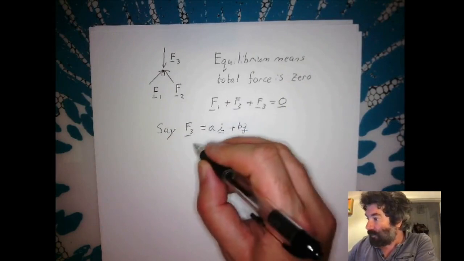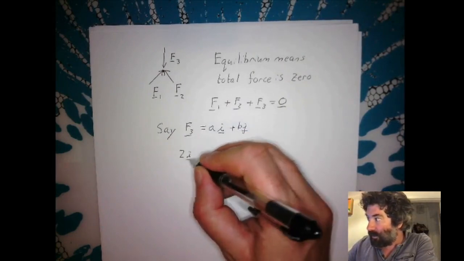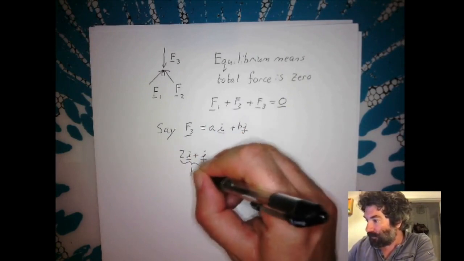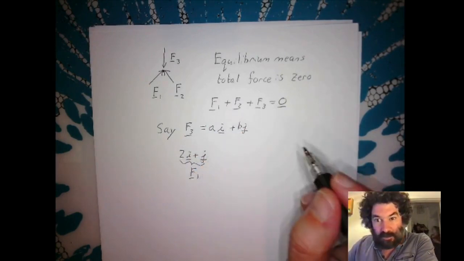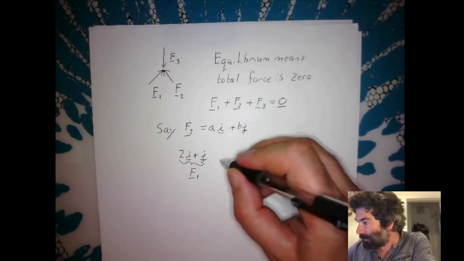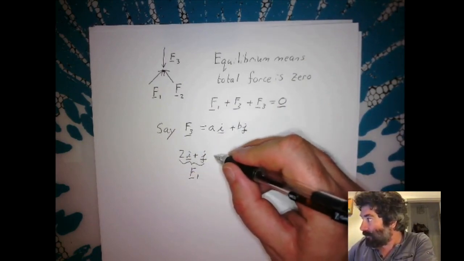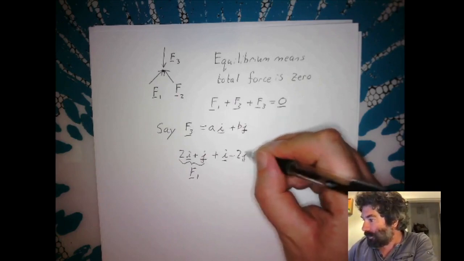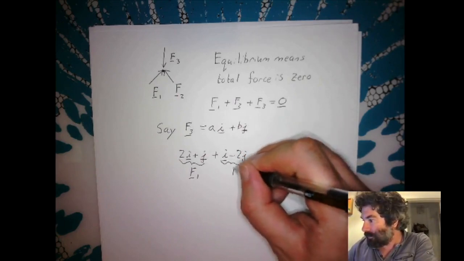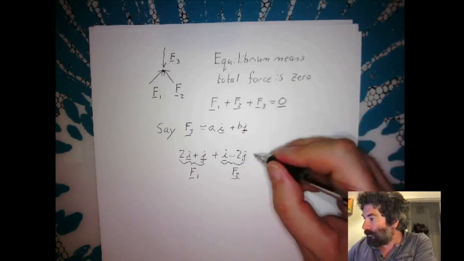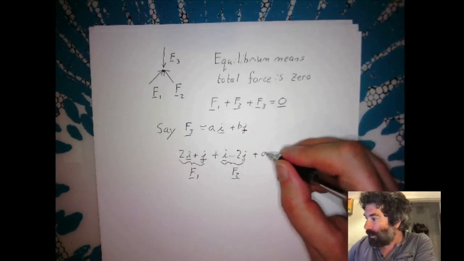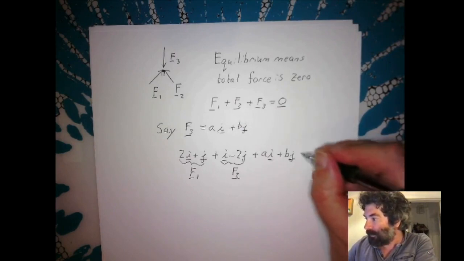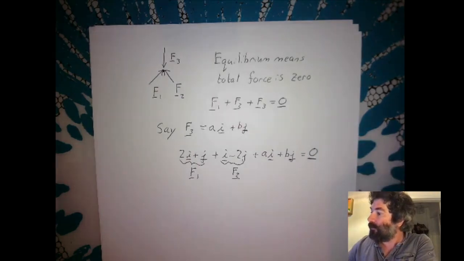F1 was 2 times I plus J. I know you can't see the slide right now, so you have to trust me that I've copied it correctly. F2 was I minus 2J. And then plus F3, which is A times I plus B times J. And that has to equal the 0 vector.